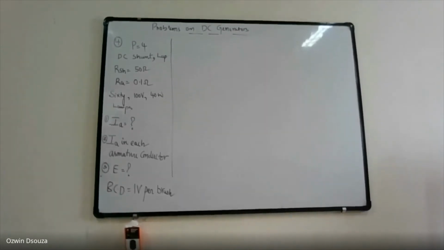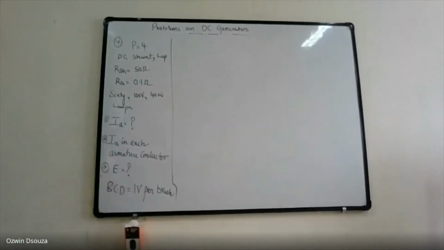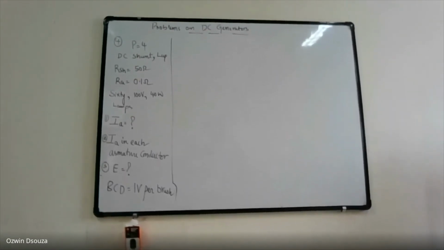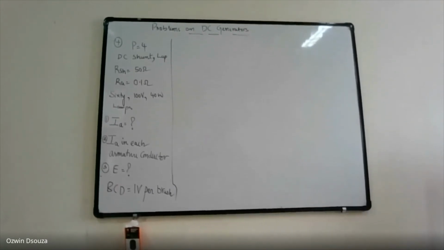Okay. Quite a big problem. Let's try to understand what they are trying to convey in this problem statement. DC shunt generator, pretty straightforward because it is given. The two resistors have been given, RSH and RA.